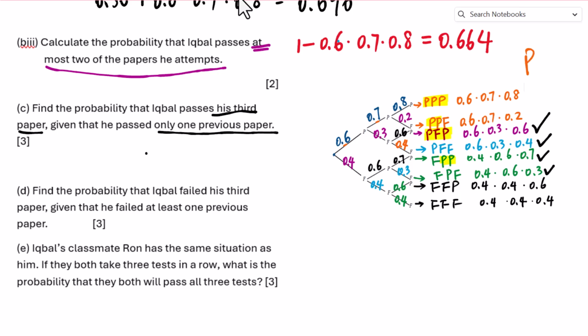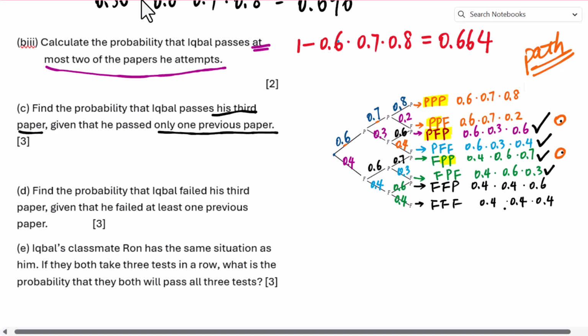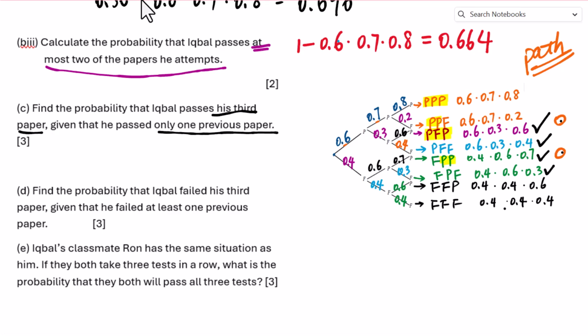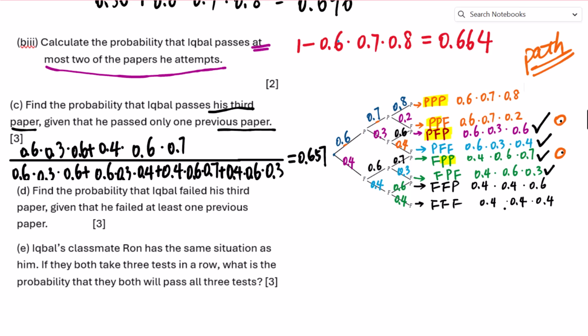Among these 4 paths, you need to check he passes his 3rd paper. It's this one. It's this one. So these 4 checks adding together go to this denominator. The path with these 2 circles adding together will be the numerator. So answer is 0.657.